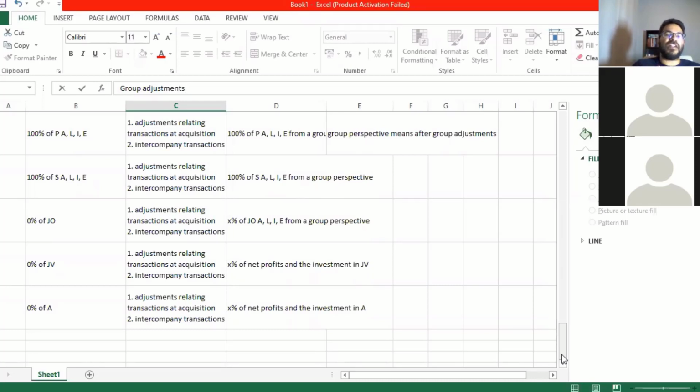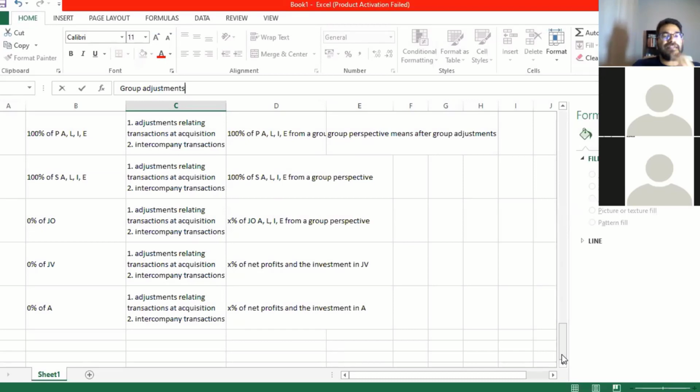That is very different to what they want from a subsidiary. From a subsidiary perspective, they don't want the net profit. They want every line item. Similarly, from a balance sheet perspective, they don't want investment in subsidiary. They want every asset and liability on a line by line basis.